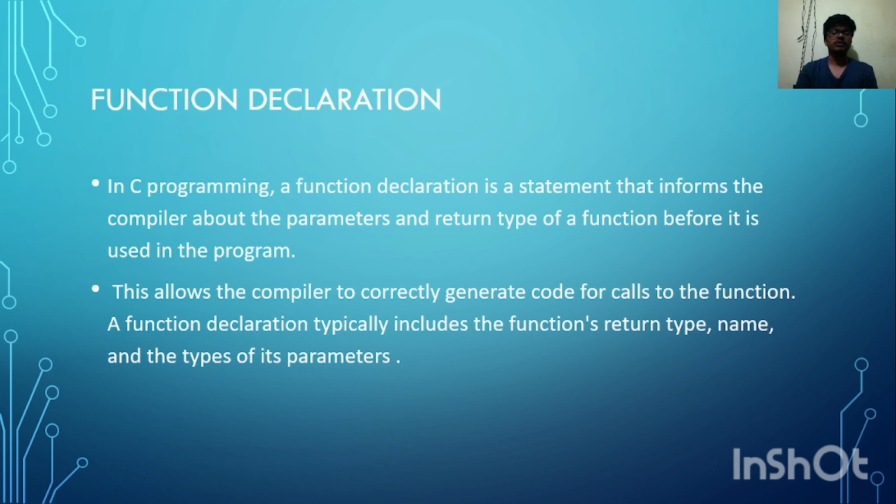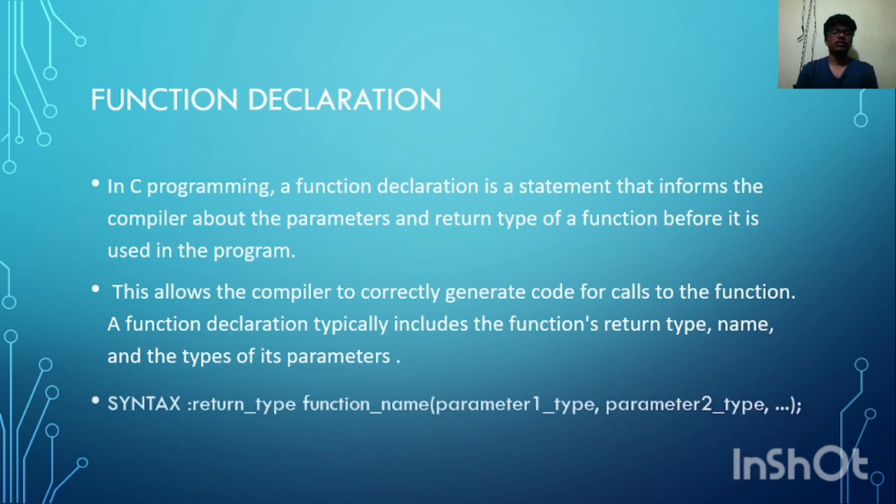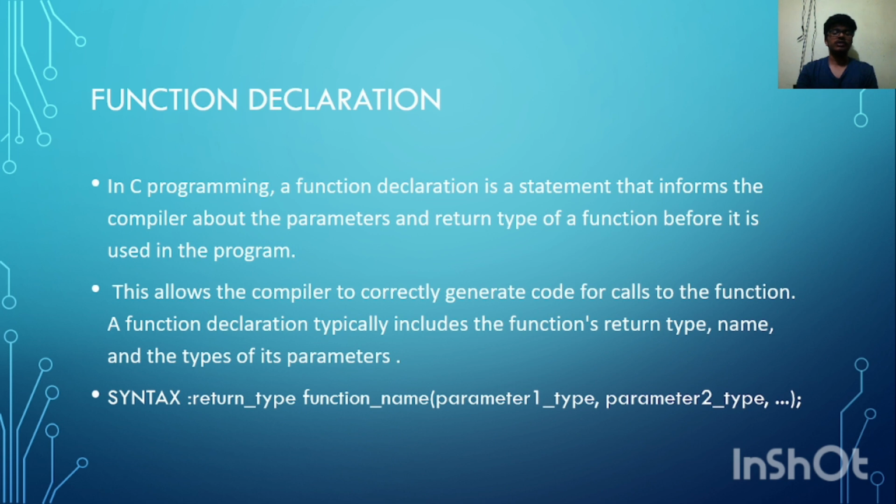This allows the compiler to correctly generate code for calls to the function. A function declaration typically includes the function's return type, name, and types of its parameters. The syntax for function declaration is return_type function_name(parameter1 type, parameter2 type).